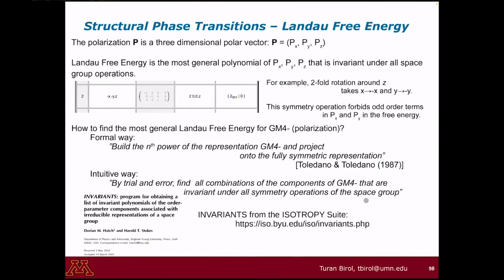So I want to find the Landau free energy that is a function of this polarization, which is a vector. There's a formal way to do this using representations, higher powers and projections and whatnot. But essentially what we are doing is we find all combinations of the gamma 4 minus, which is the polarization along XYZ, that are invariant under the space group symmetry operations.